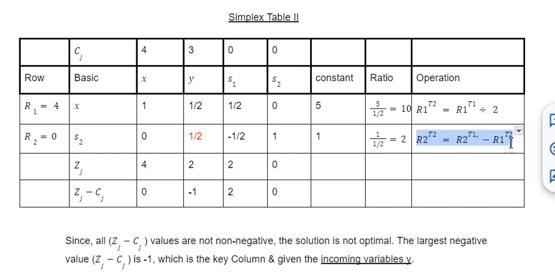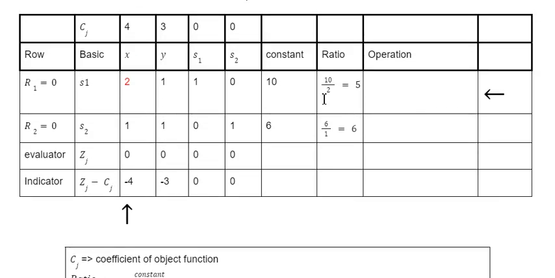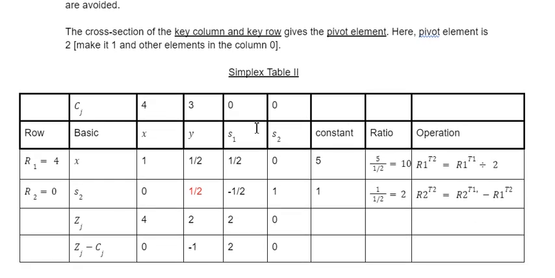Row 1 value of table 2, means this value, we'll subtract from the row 2 value of table 1, means this element, this element, this element. All the elements in this row will have the same operation applied.